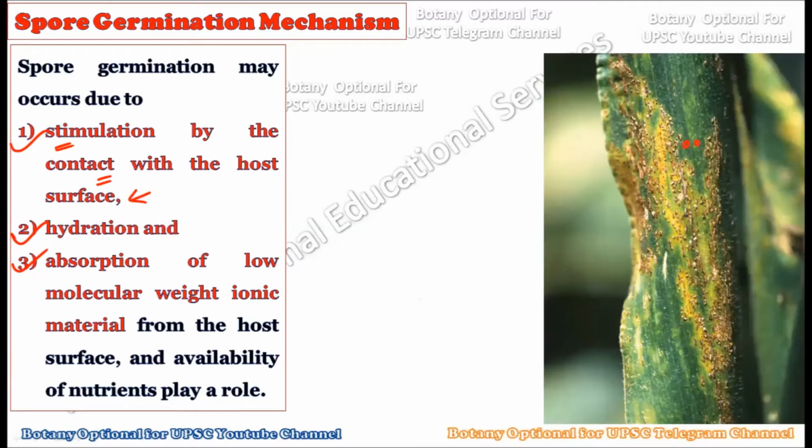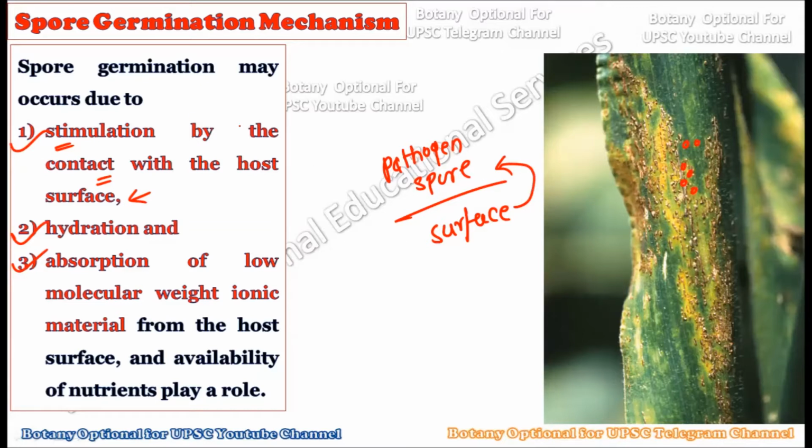Sometimes the spores land on the plant surface and stimulation is created by this contact itself. When the pathogen spore comes in contact with the plant surface, this contact alone is sufficient for the formation of the germ tube within the spore, or spore germination. But this is the rarest case, and most of the time some other methods are also involved in the spore germination process.